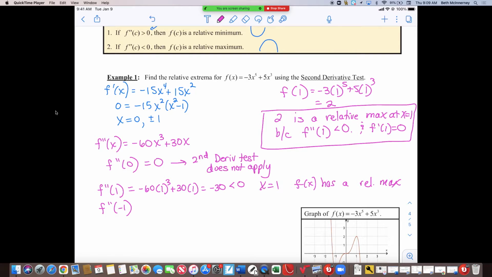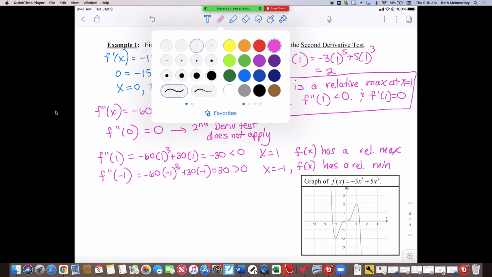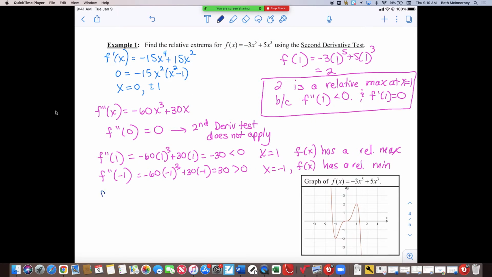Now I'm going to go do f double prime of negative 1. Let's go figure out that one. So that'll be negative 60 times negative 1 cubed plus 30 times negative 1. So that's 30. So at x equals negative 1, f of x has a relative minimum. So let's go figure that one out.